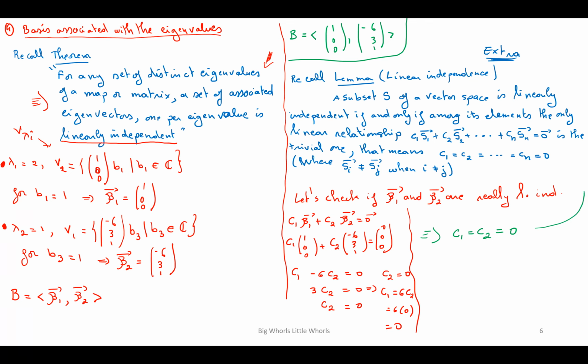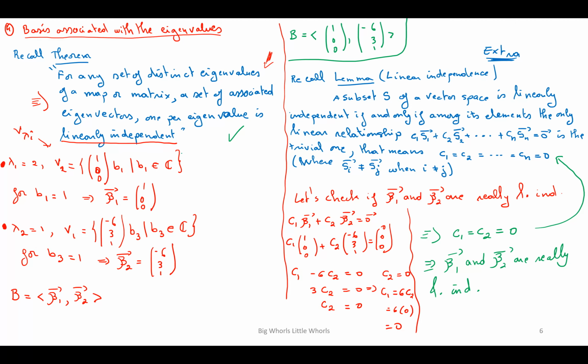So according to our linear independence lemma, beta 1 and beta 2 are really linearly independent. Therefore, yes, our theorem is right, because the theorem says if we pick a vector from each eigenspace, they are going to be linearly independent.